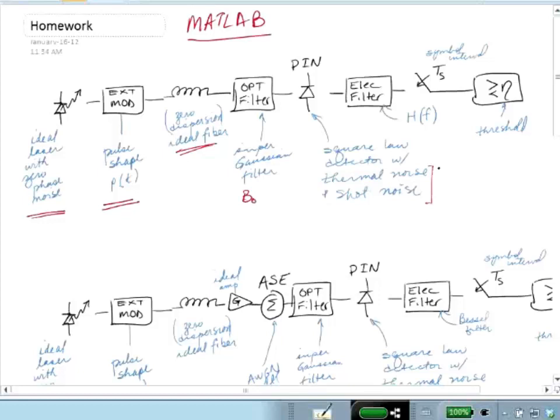One of the things that we'll be validating is using the MATLAB code to run a Monte Carlo simulation of what the noise component is, and then you'll also be plotting a theoretical calculation of what the bit error rate is for the thermal noise and shot noise levels you've set, so that you can make sure that your code is properly run.